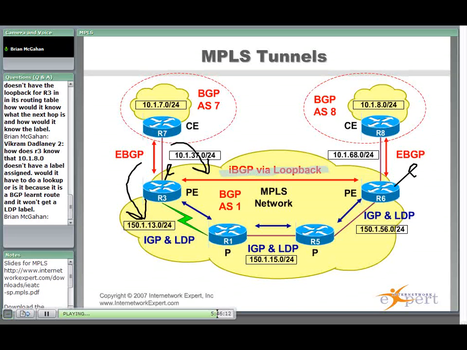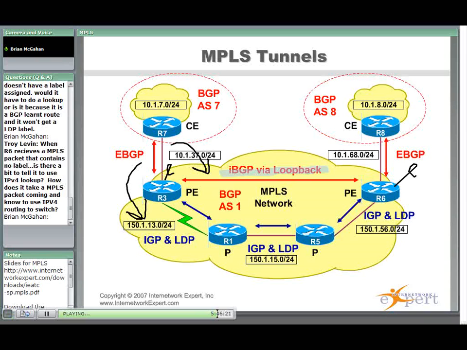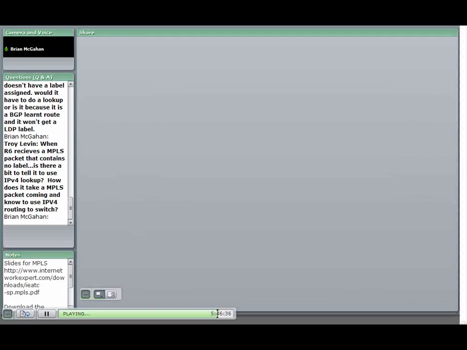So they need to know what is the route to router 6's loopback. What is the route to router 3's loopback? Okay, technically we could only exchange MPLS labels for those two routes if we wanted to. And we'll show that later in the week when we do label filtering. But we could say only exchange labels for the loopback of router 3 and of 6. Everything else will do regular IP version 4 routing.